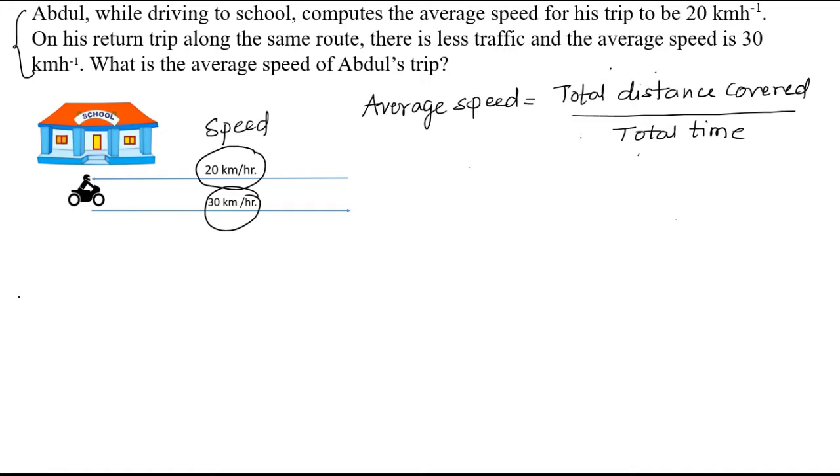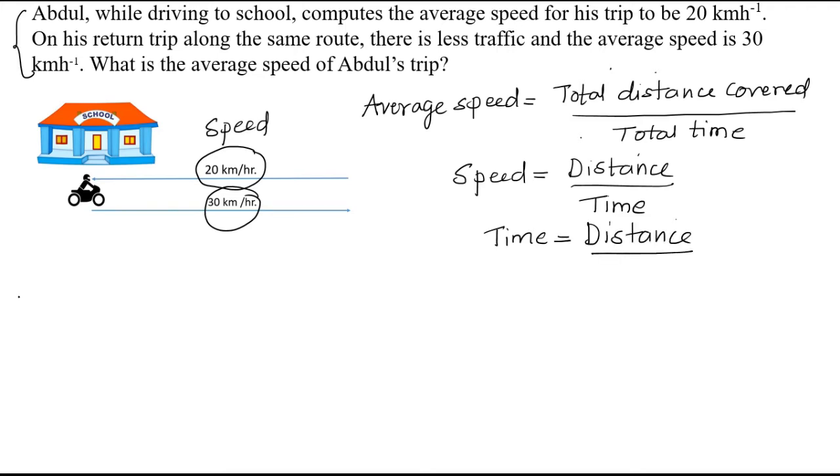What is the formula for speed? Speed can be calculated by distance divided by time, right? Now if you cross multiply, you can derive the equation for time. Time is distance divided by speed. It's a cross multiplication.